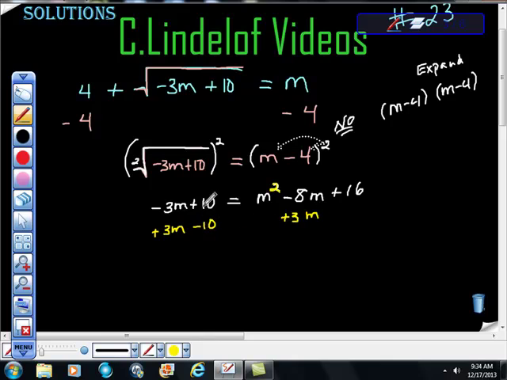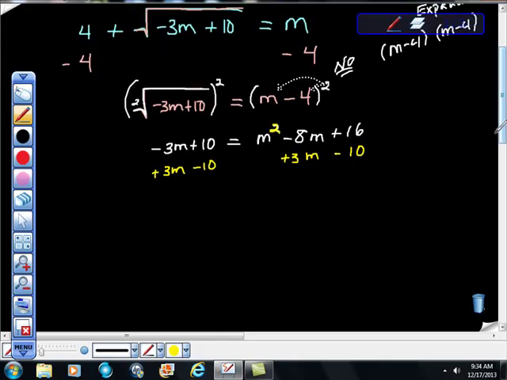I'm going to add -10 to both sides, so -10 here. And we're going to get this. We're going to get 0 is equal to m squared minus 5m plus 6. Now it's just a matter of factoring this thing out a little bit.